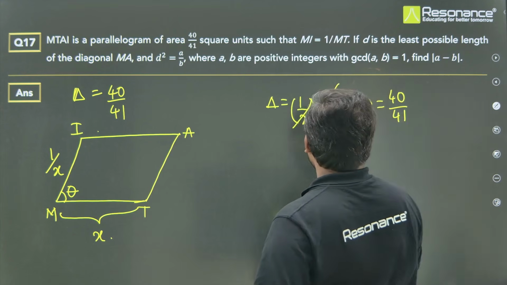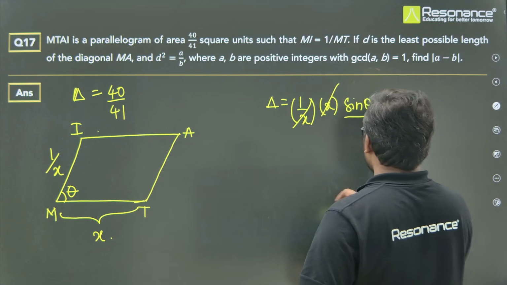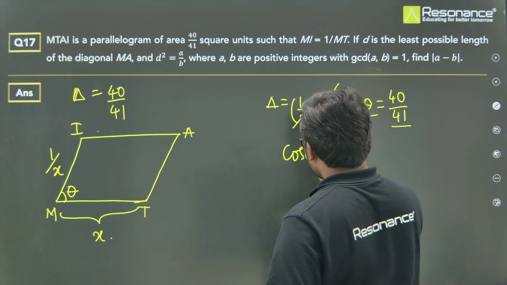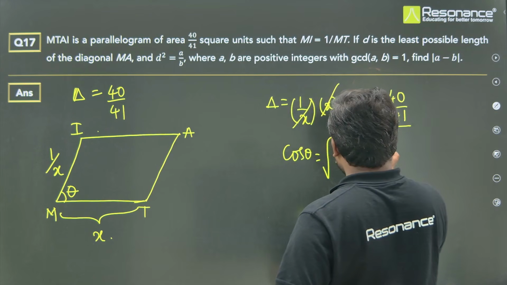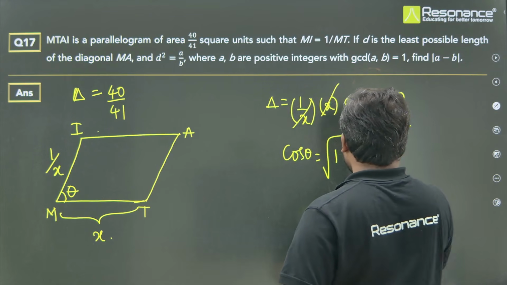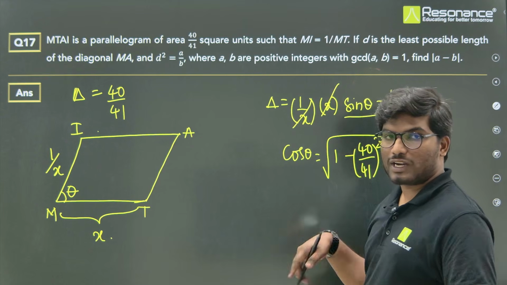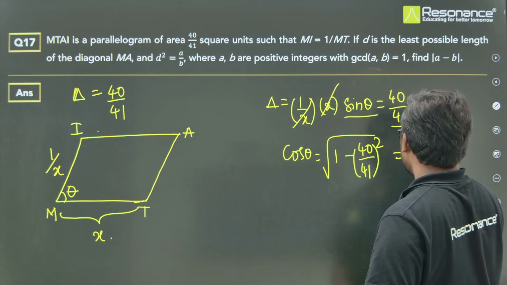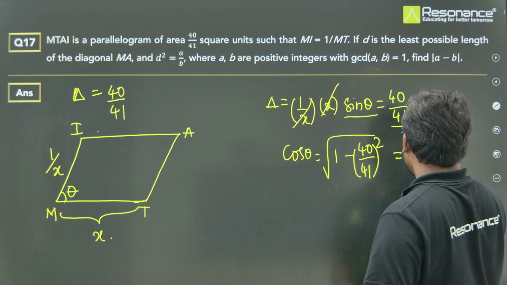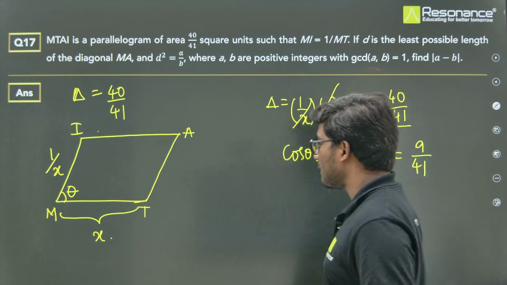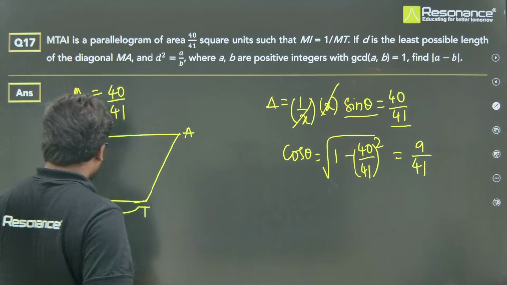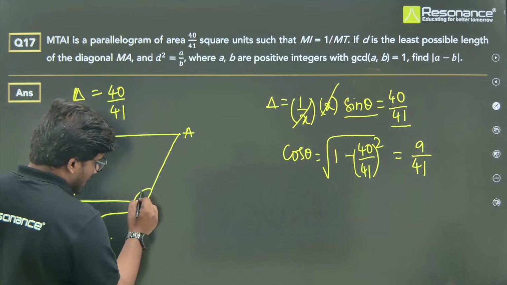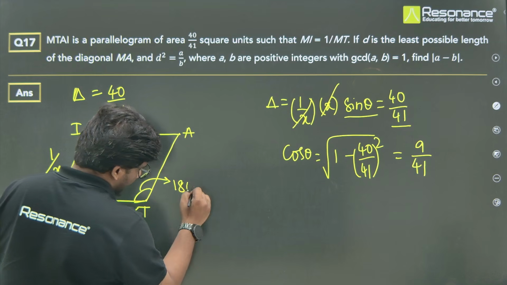So x gets cancelled. So sine theta is 40 by 41. So cos theta is root 1 minus 40 by 41 square. So 41 plus 40 into 41 minus 40, so 81 by 41 square under the root. So 9 by 41. Since cos theta is this, this becomes 180 minus theta.